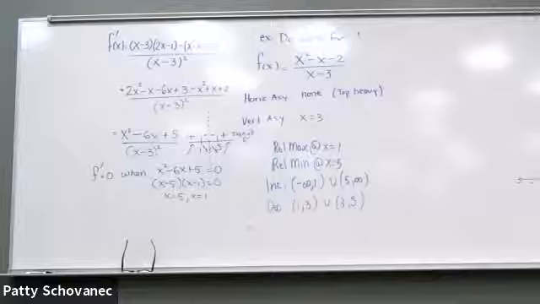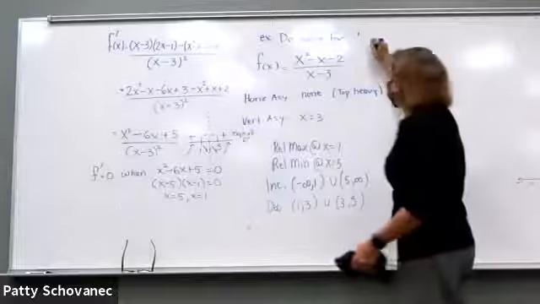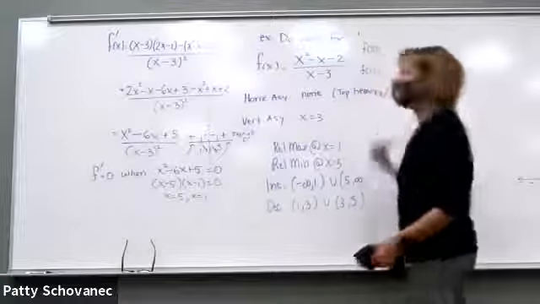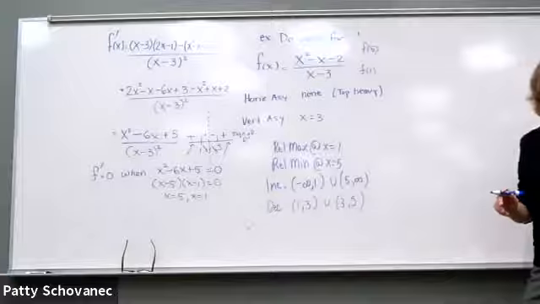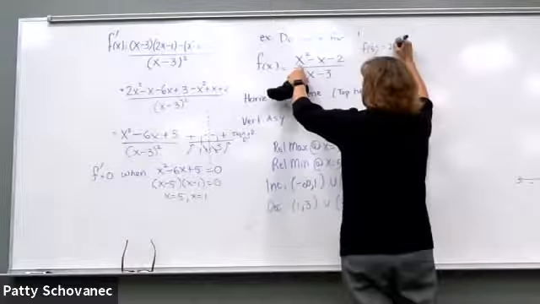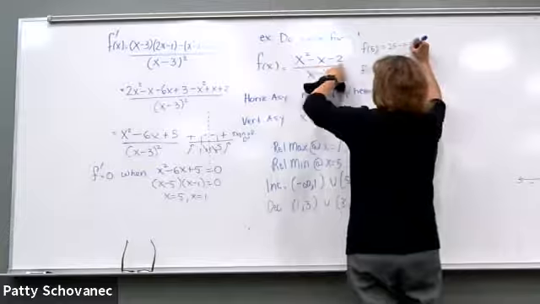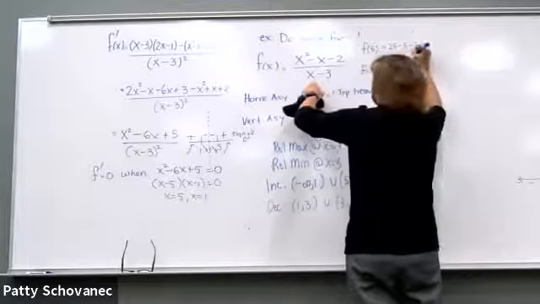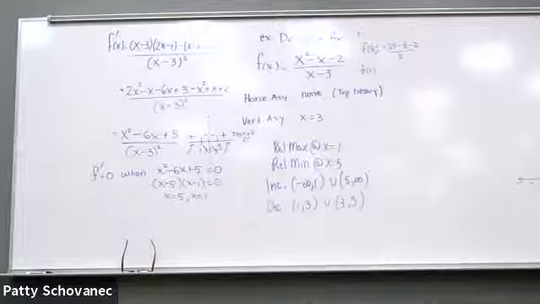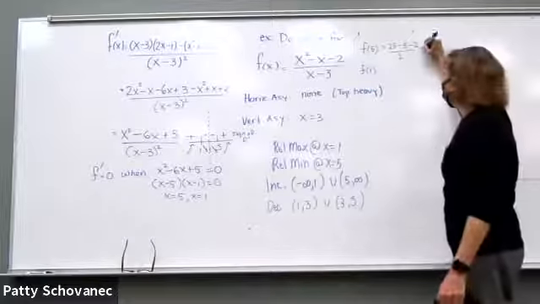Now let's plot those two critical numbers so I know where to put them on the XY plane. So we're going to go back over here and plot them. I need f of 5 and f of 1. F of 5 is 25 minus 5 minus 2 all over 2. 20 minus 2 is 18, divided by 2 is 9.